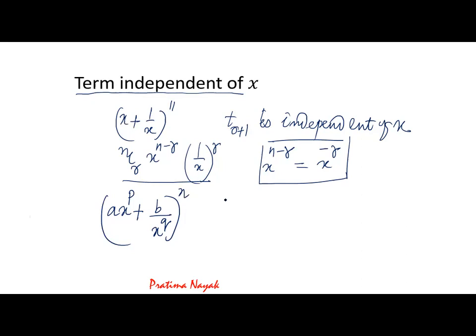And then the term independent of x is np by p plus q.